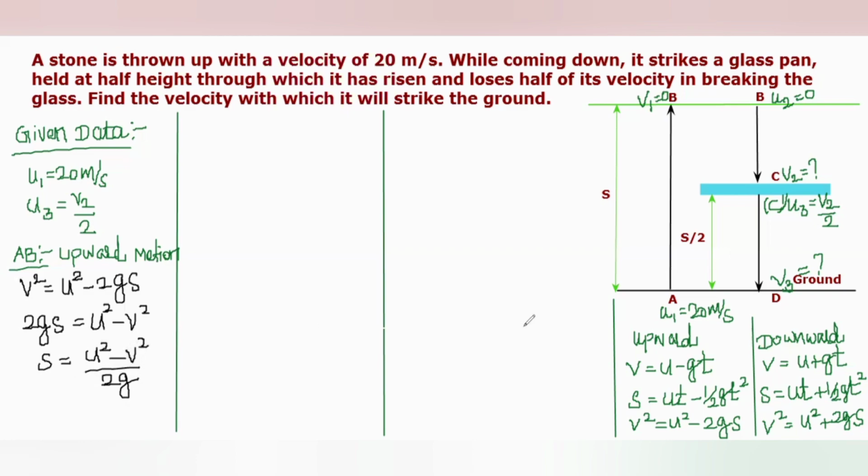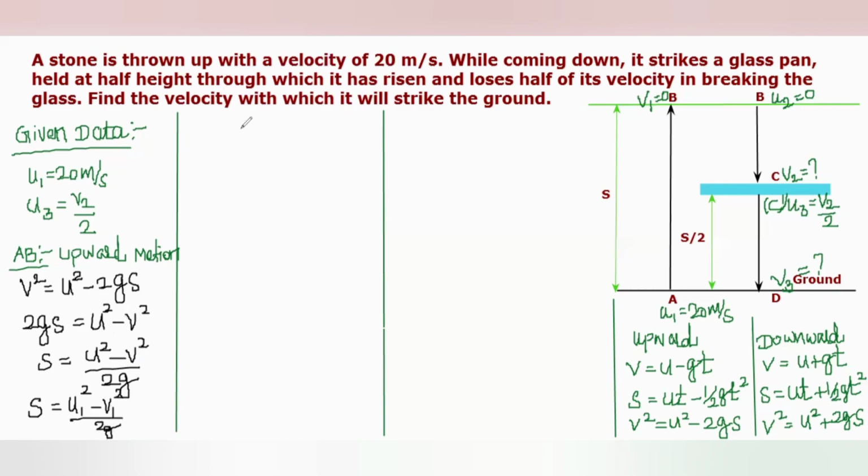Here, to mention the first segment AB, the upward motion is the first segment. All the values are suffixed with a 1. Okay, so S1 or simply S equals U1 square minus V1 square divided by 2G.